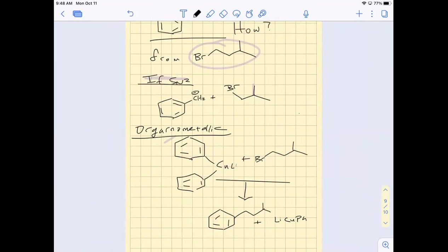And we talked about this already, that one way to make a bond to an aromatic system is to start with an organometallic and do a coupling reaction. You could use an aromatic Grignard, you could use the Gilman reagent, and you can use some type of alkyl halide to do that reaction. So this is good.